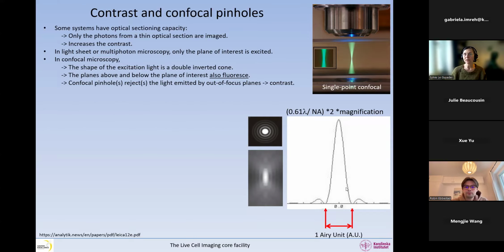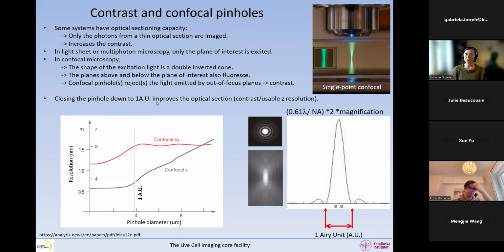So the physical size of the pinhole is the size of the resolution multiplied by 2 because this here is only the radius, right? So we multiply by 2 to get the whole disk, the whole diameter, and then multiply by the magnification. So this is the physical size of the pinhole when we close it to one Airy unit.